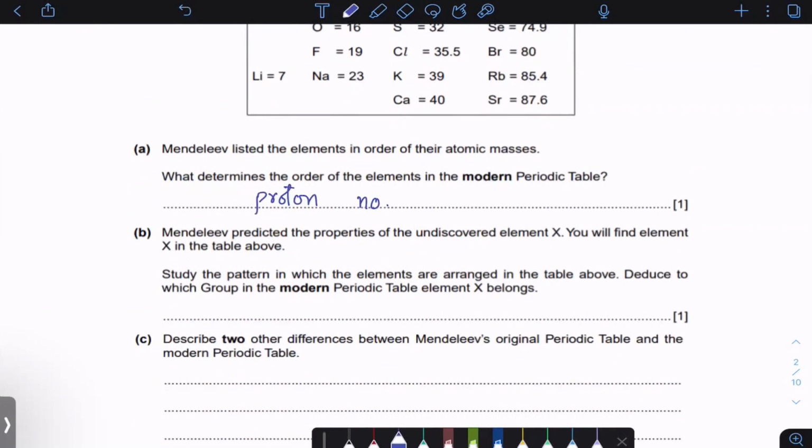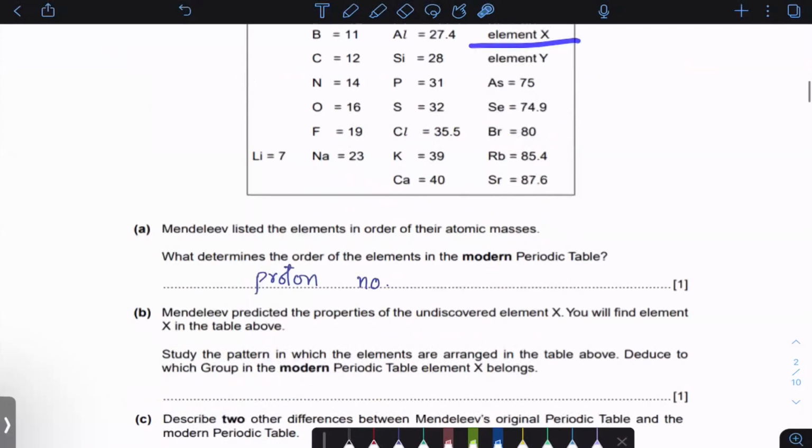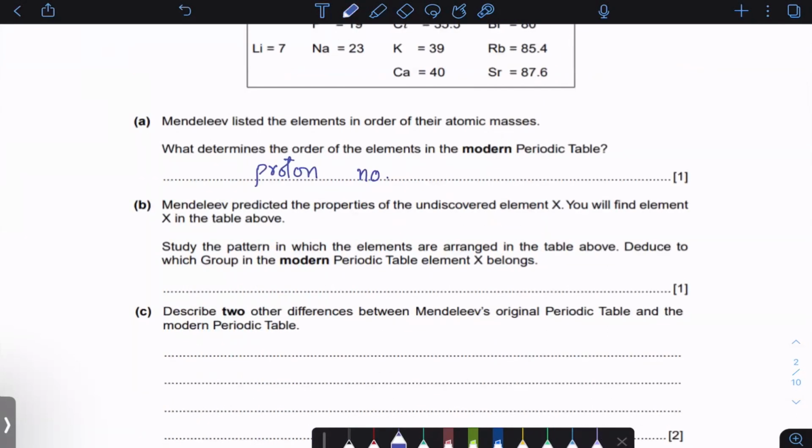Deduce which group in the modern periodic table element X belongs. जी देखें. This is group 2, not zinc though. But zinc has a similarity with group 2. Zinc positive 2 बनाता है. ये भी positive 2 बनाता है. Boron, aluminum, group 3. So element X भी हम group 3 में ही expect करेंगे. So we'll simply say it is number 3.